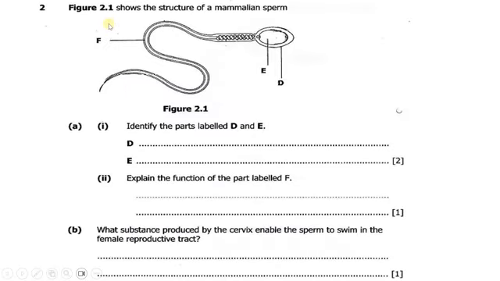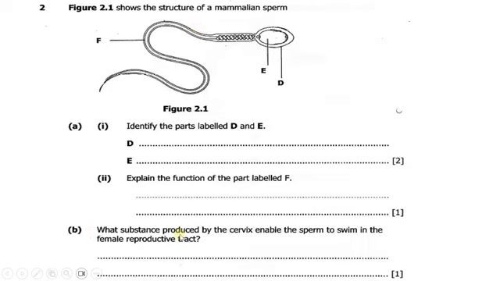Then question number 2 says figure 2.1 shows the structure of a mammalian sperm. Now A part 1 says identify the parts labeled A, this part labeled D, and this part labeled E. Then part 2 says explain the function of the part labeled F, this part here.